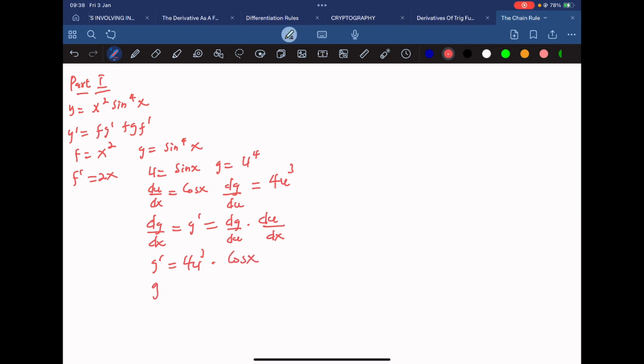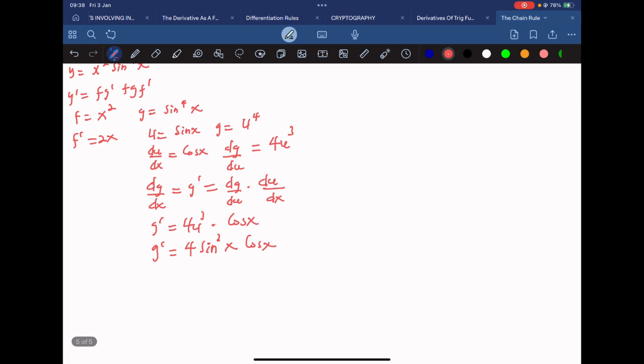So we have g prime to be equal to, now what is u? U is sine of x, cubed. So that is sine cubed of x times our cosine of x. So now this becomes our g prime. So all that we have to do is go back over here to do our substitution. So we have y prime to be equal to our f, which is x squared, times g prime, which is 4 sine cubed x cosine of x, then plus your g, which is sine of 4x multiplying f prime, which is just 2x.